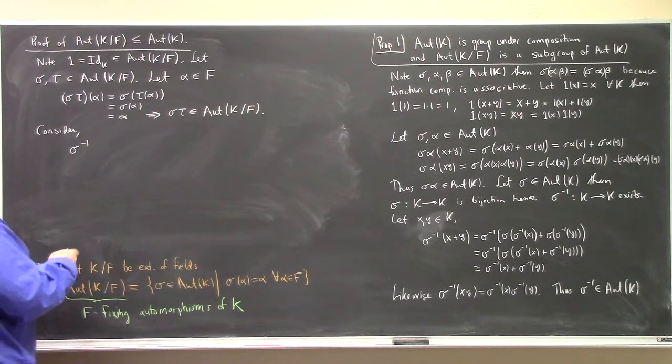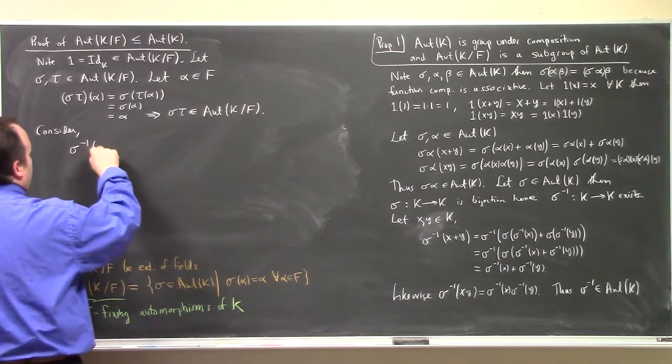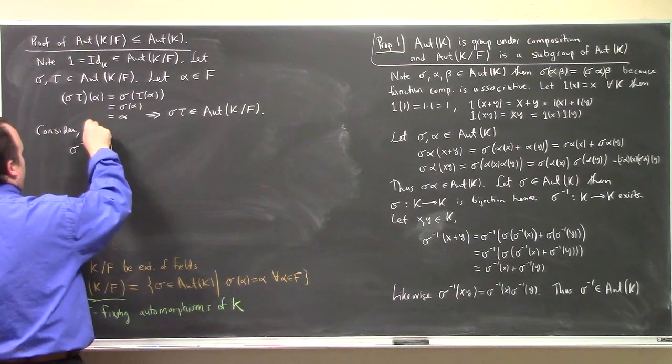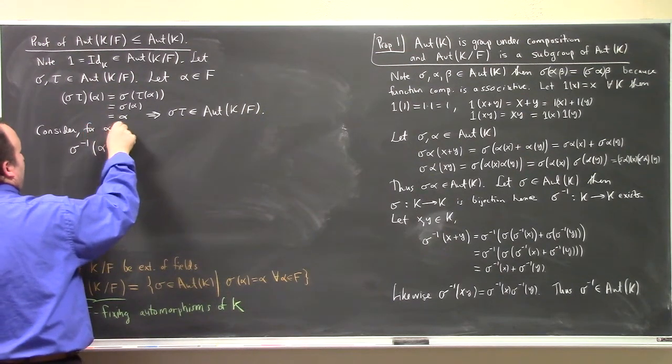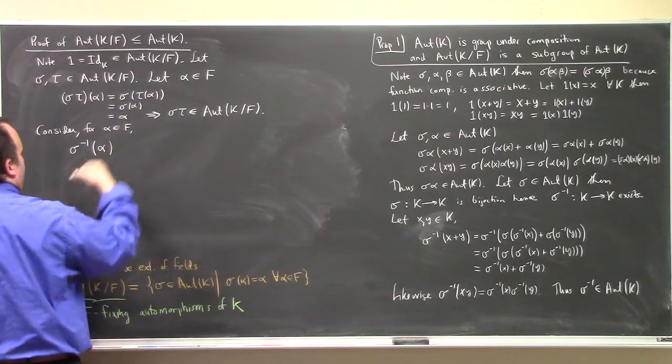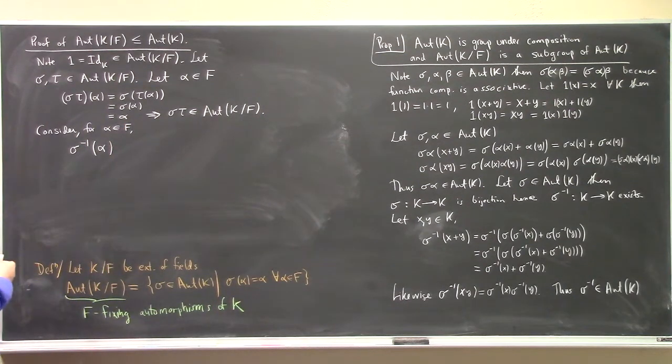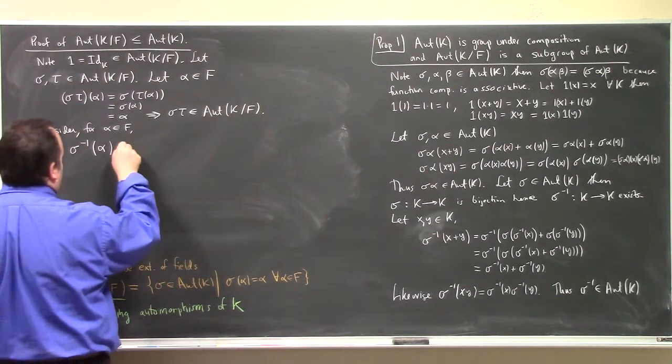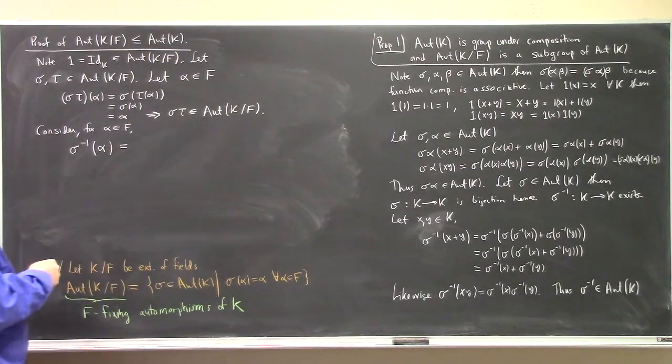So like sigma inverse of alpha, right? Again, for alpha in F. How do I show that's fixed? What do I do here? How am I going to prove sigma inverse of alpha is equal to alpha? What should I do? We're still assuming that sigma is an F-fixing automorphism of K, okay?